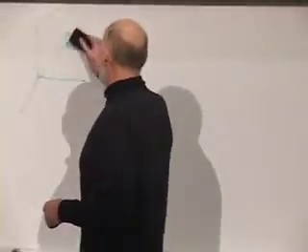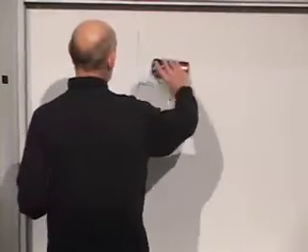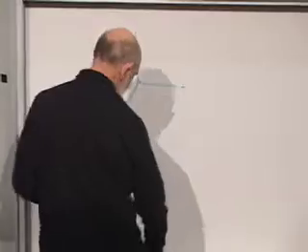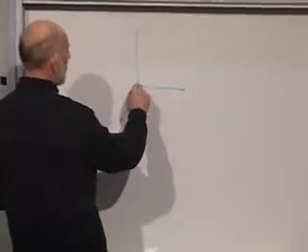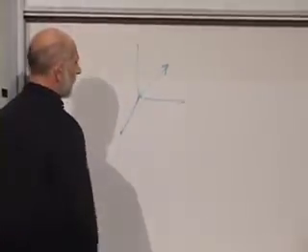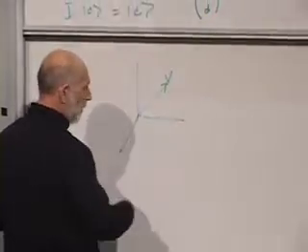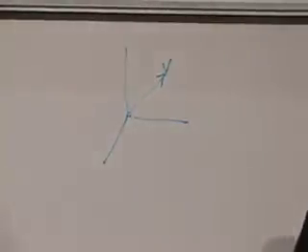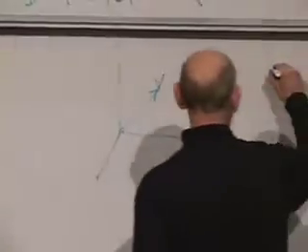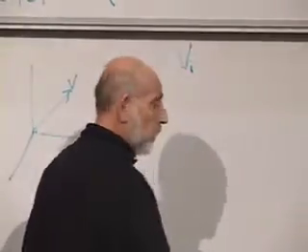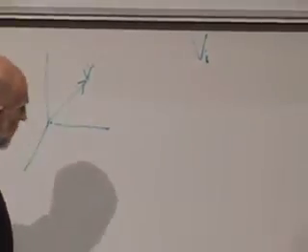Let the basic objects be the components of an ordinary vector. Call a vector v, and it has components vx, vy, and vz, or vi. Let's call them vi, where i can equal 1, 2, and 3, or x, y, and z.